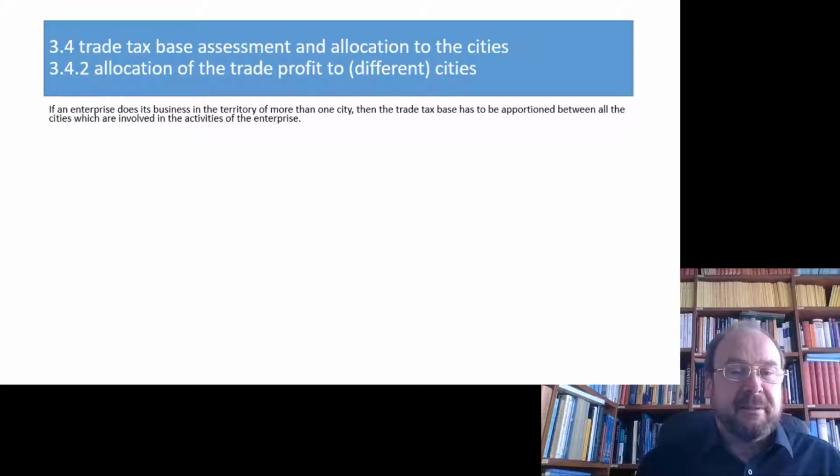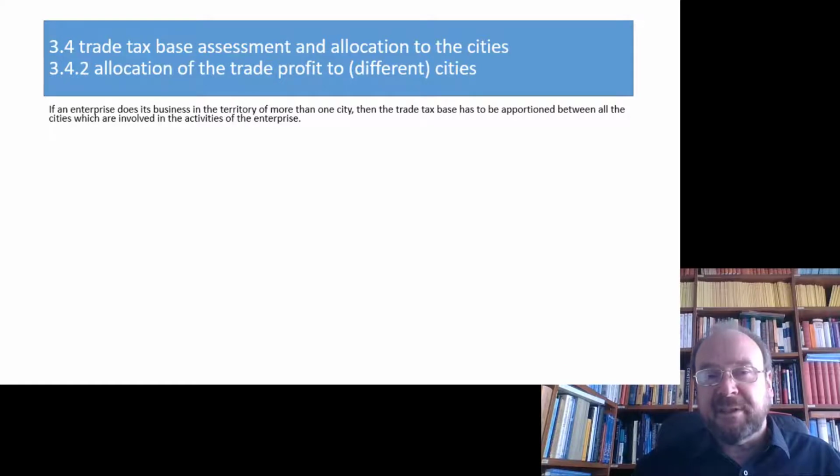Now let's go to the last step, which we have left out because that's a bit more complicated. What happens if an enterprise does business in more than one city?